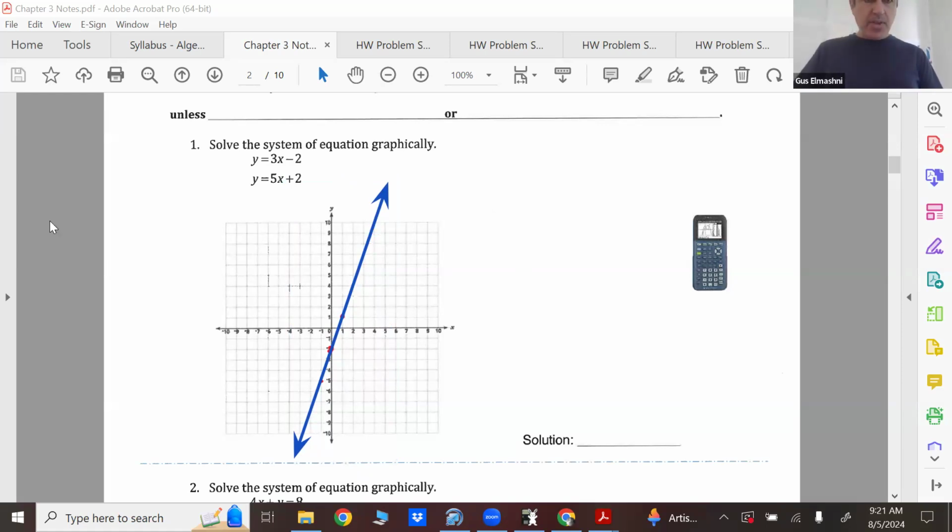So next one, let's change colors. Let's go green. Positive 2, up 5 over 1. Think that makes sense? Yeah. Okay, I need to expand this. Oh, come on.